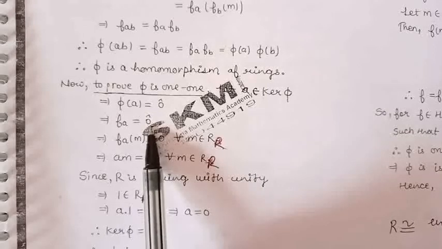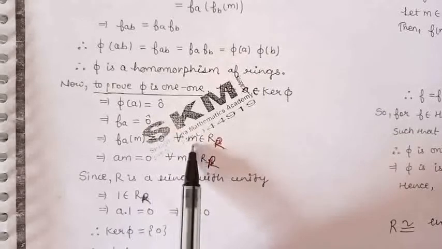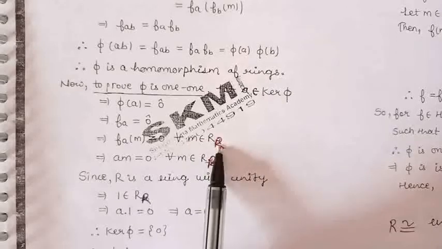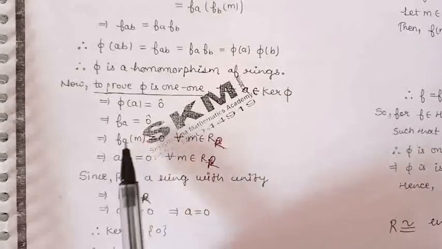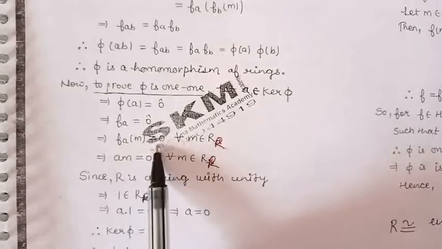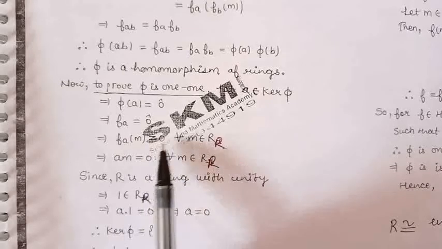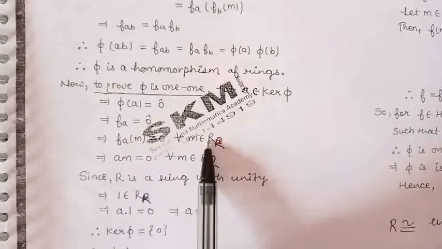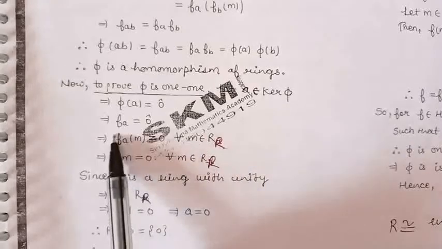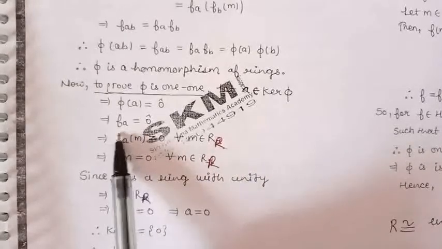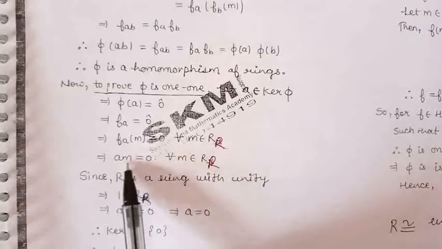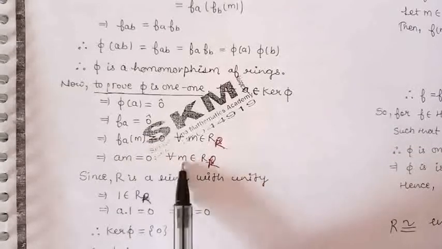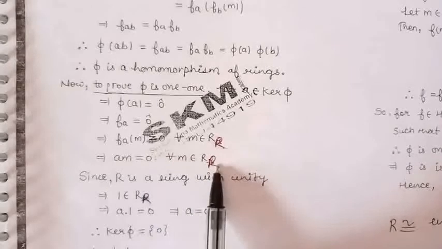And by definition of zero mapping, the image of every element of the ring R under this mapping will be 0. So we can say that the image of m under the mapping f_a will be 0, and this is true for every m belonging to R. Now by definition of mapping f_a, this image is am. So am is equal to 0 for every m belonging to R.